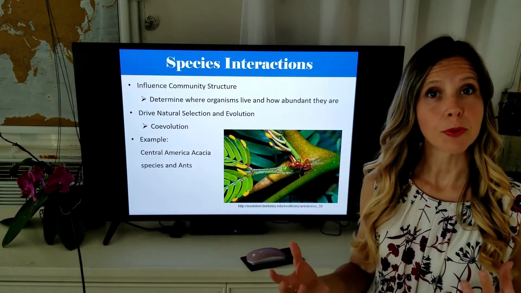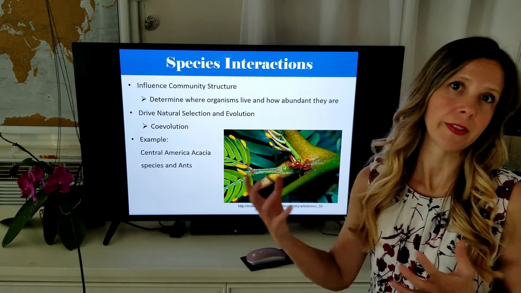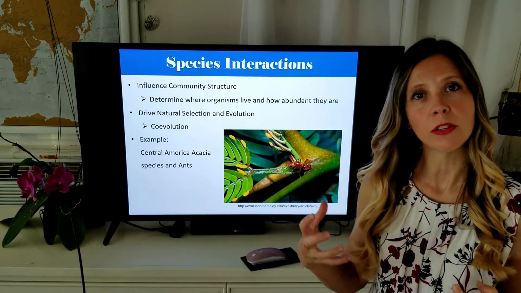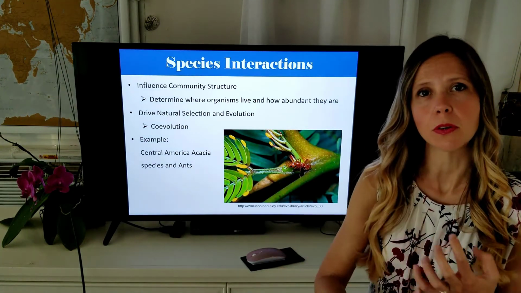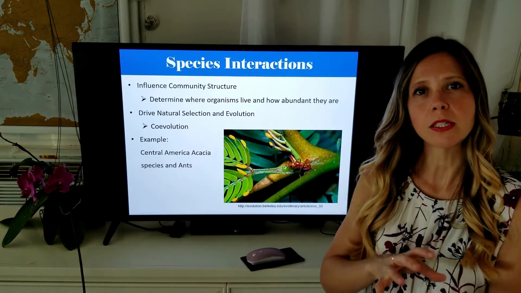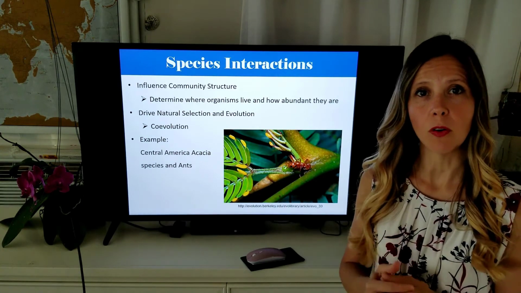This is a predator-prey interaction. The plant is going to evolve ways to prevent the herbivore from eating it. And as it does that, the herbivore will evolve ways in order to deal with those preventative measures that the plant has come up with. And so we'll see this constant back and forth evolution between the two as they evolve together.